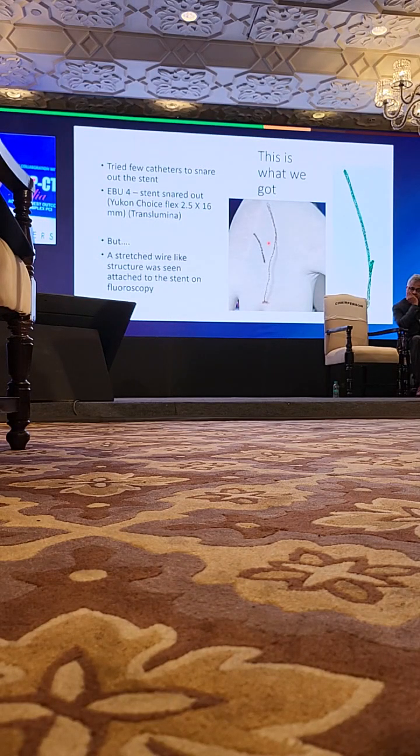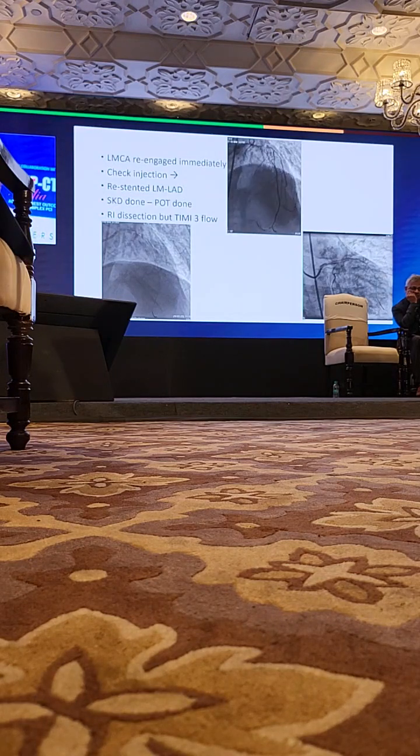There was no guide engaging the LM. The stent which was deployed from LM to LAD had also come back with another stent, and I was almost certain that there would be some problem. Although the patient was looking hemodynamically stable at that point, I was sure that there would be some dissection in the LAD, and I was expecting that the patient doesn't collapse on the table.